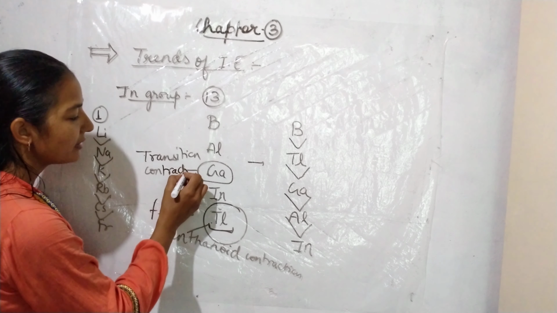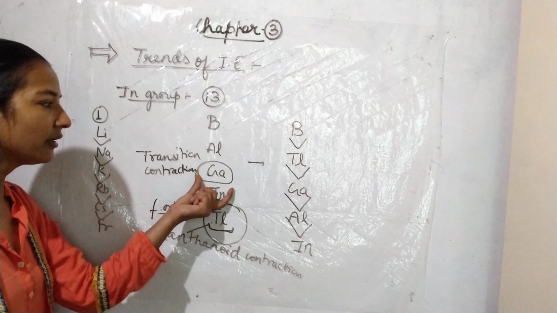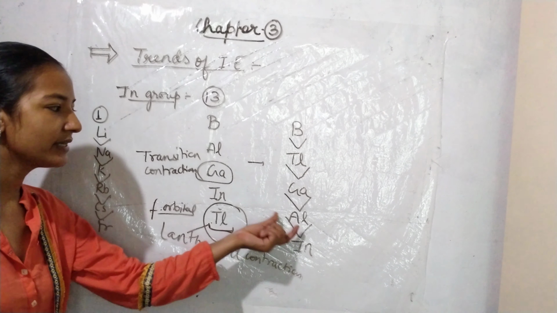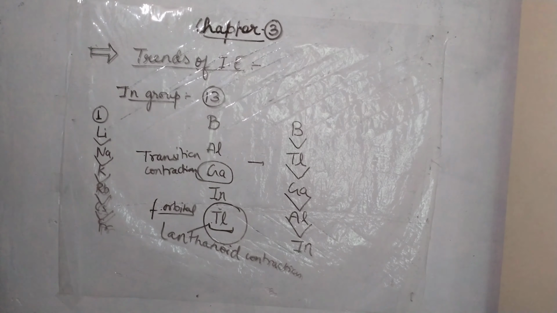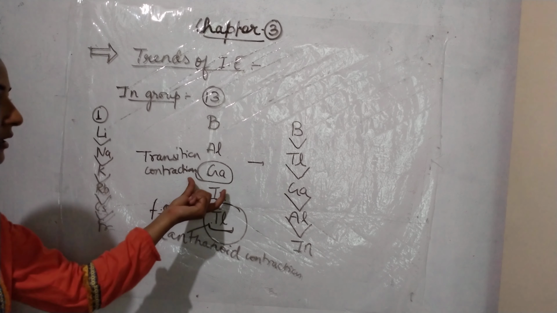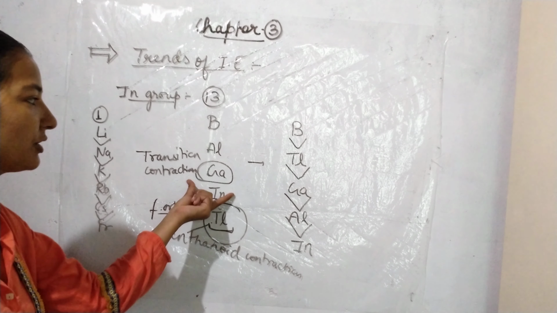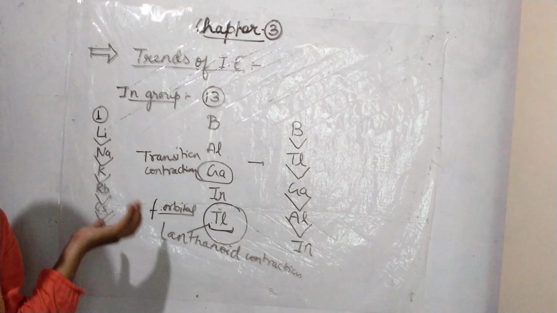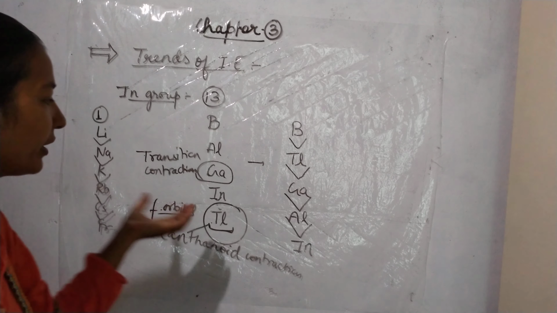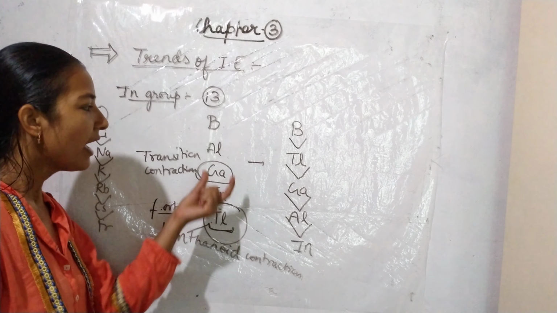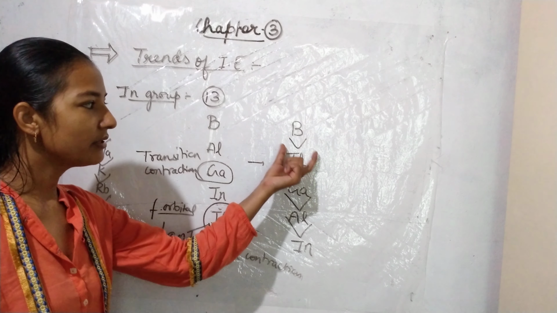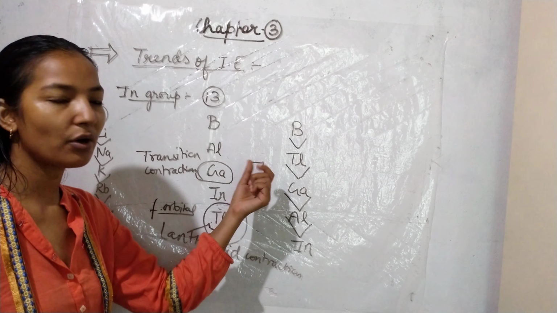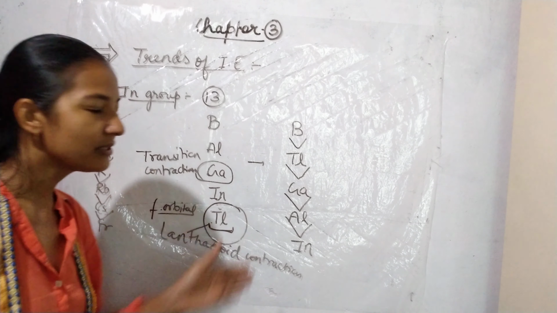So due to transition contraction, gallium has a smaller size than aluminium, and hence more ionization energy, because if size decreases then the value of ionization energy will increase. So its size is very small compared to the others. That's why its ionization energy also increases, and this is the order.